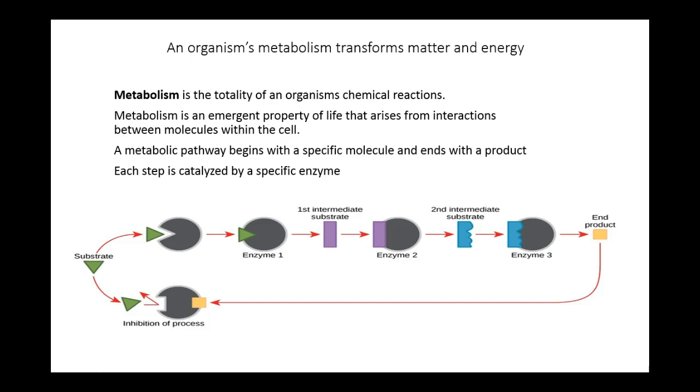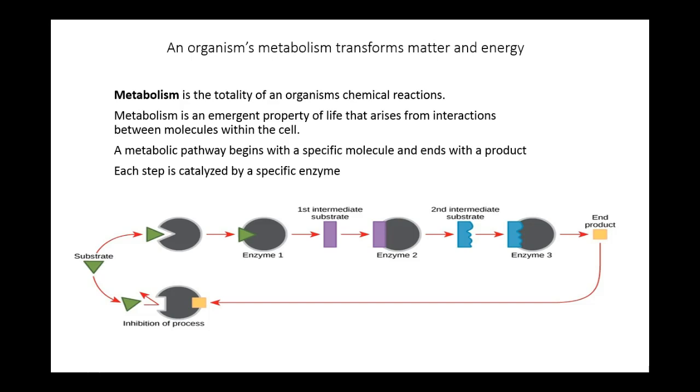Each step can be, and usually is, catalyzed by a specific enzyme. Remember, an enzyme is a macromolecule that can act as a catalyst. A catalyst can lower the activation energy and speed up the reaction, which is what an enzyme does.